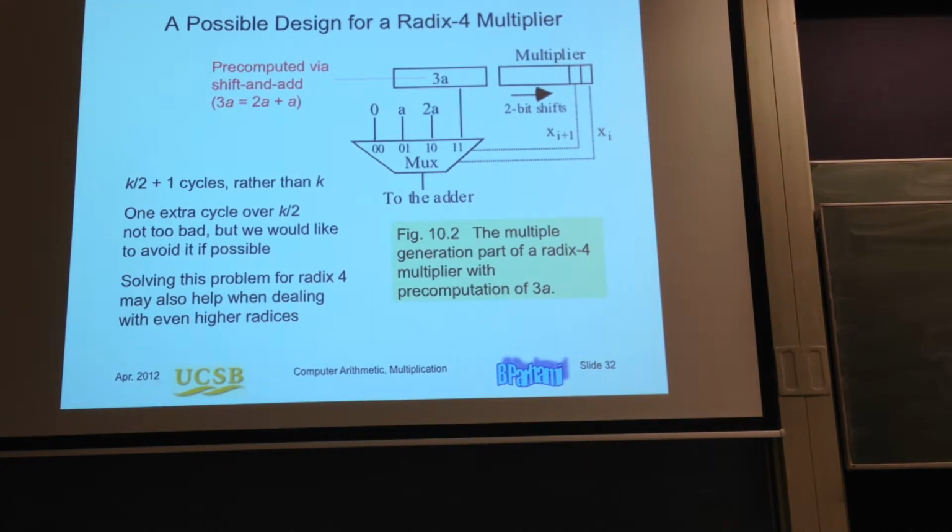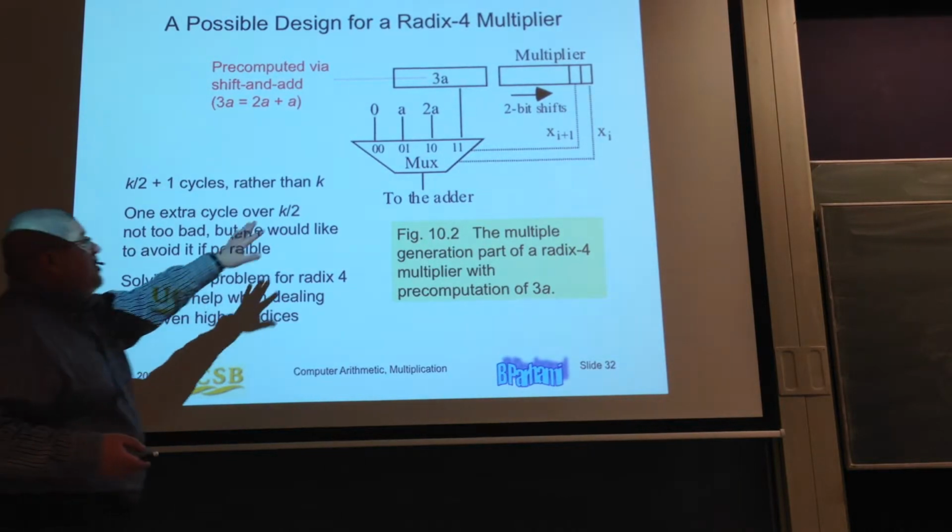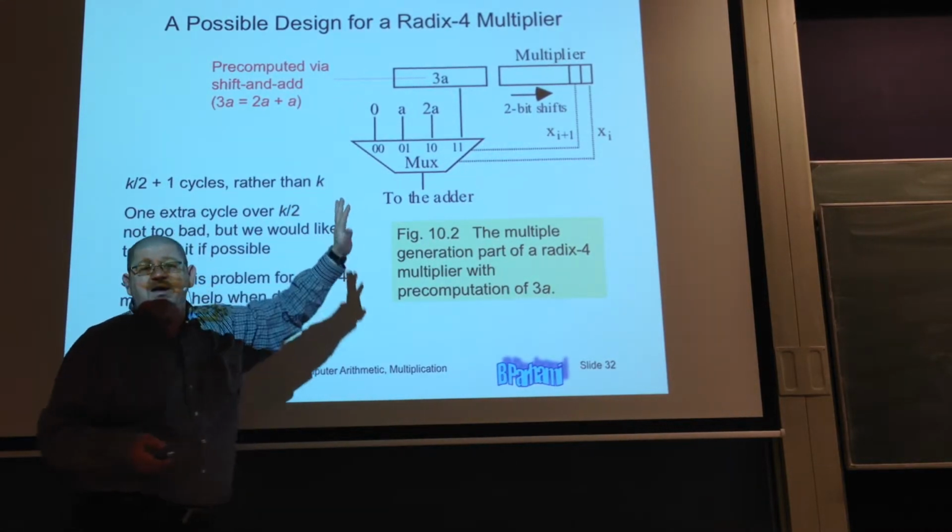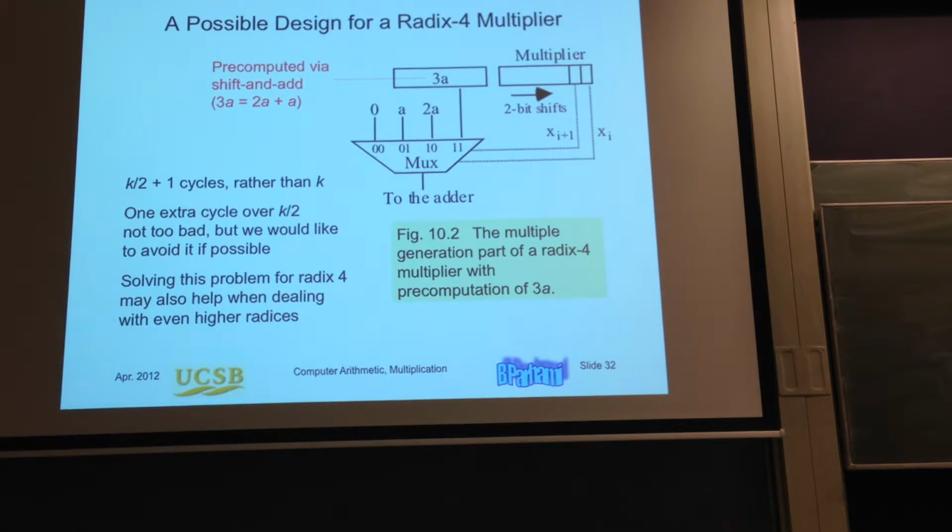Now I can think further and say, okay, why not take 3 bits at a time or 4 bits at a time? Because the more bits I get at a time, the fewer cycles I have. But the more bits I get at a time, the more combinations I have here. And combinations which are a times a power of 2 are beautiful.